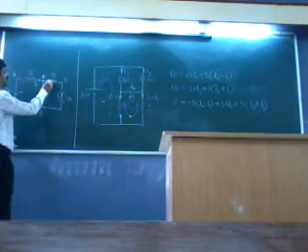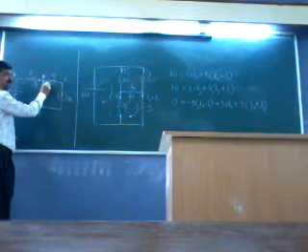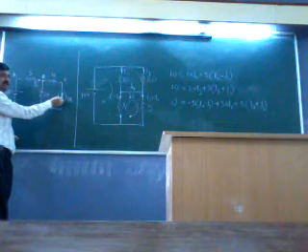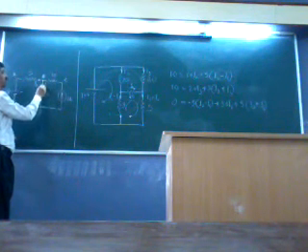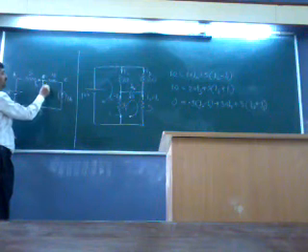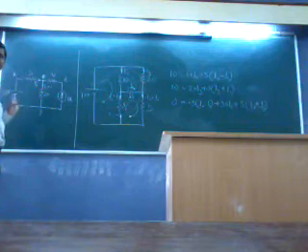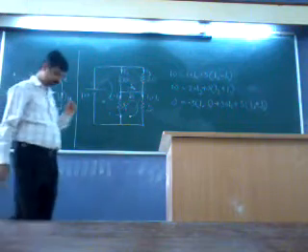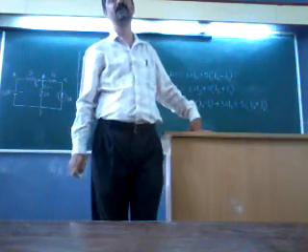What is this current? This current is 1 because it is connected to a current source. So what would this current be? I1 plus 1, correct? Right?